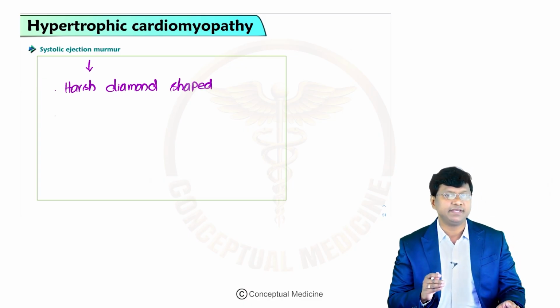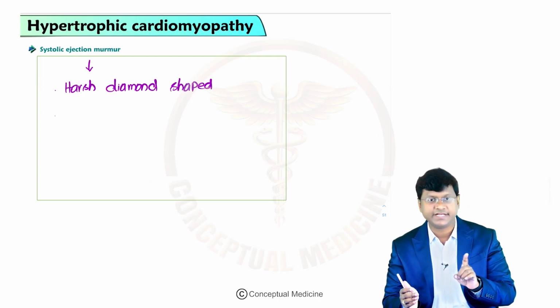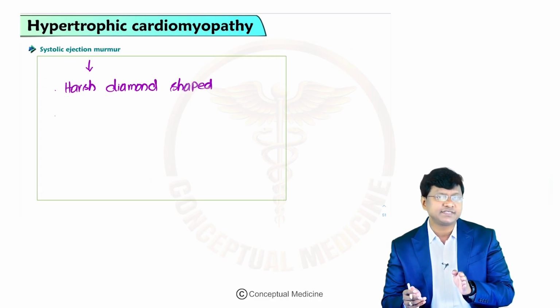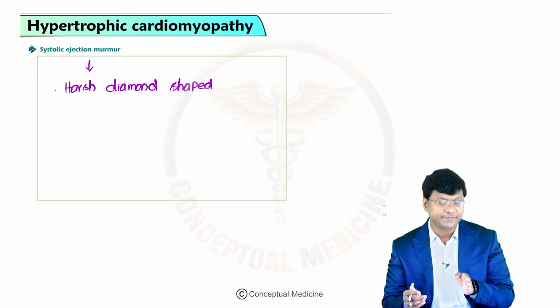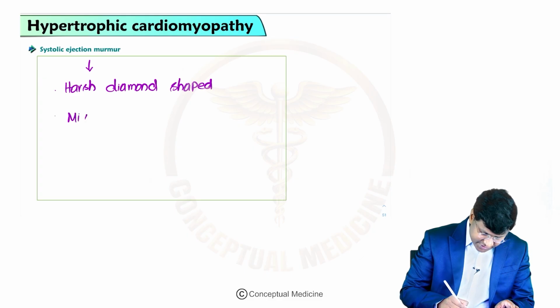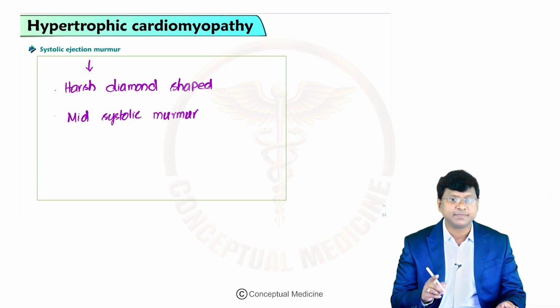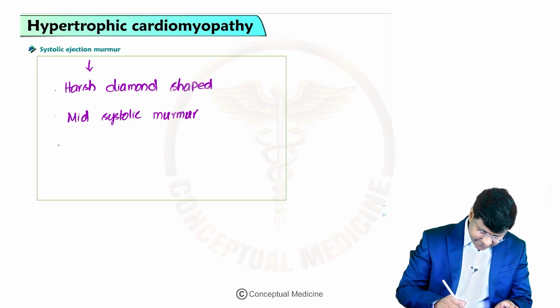This murmur usually begins well after the first heart sound, since the ejection is unimpeded in the early part of systole; there is no obstruction, so you don't have the murmur in the early part of systole. But in the mid part of systole, because of SAM, that is systolic anterior motion of the mitral valve leaflet, the obstruction begins. That is the reason why you will have the ejection systolic murmur, which is the mid-systolic murmur. And please remember, the murmur does not radiate to the carotid artery.